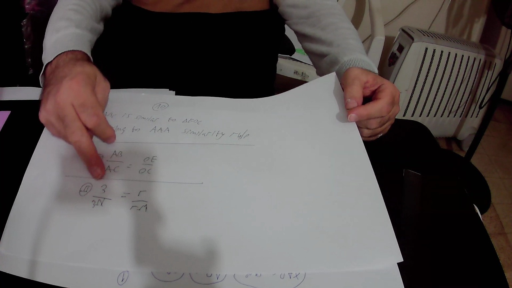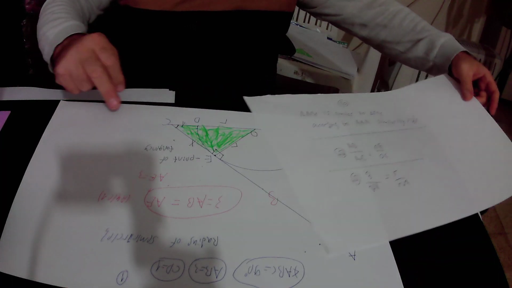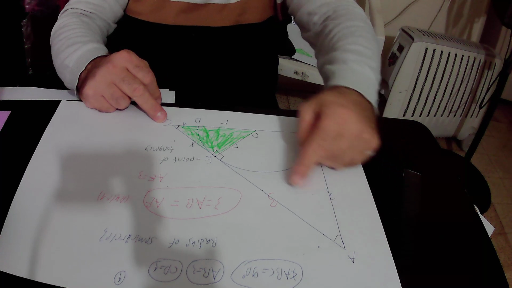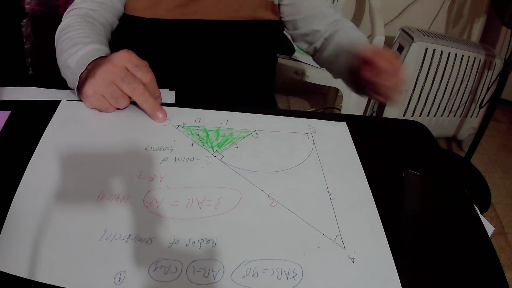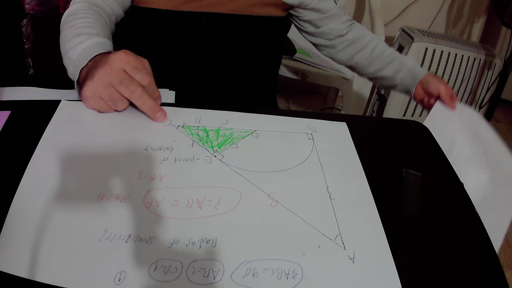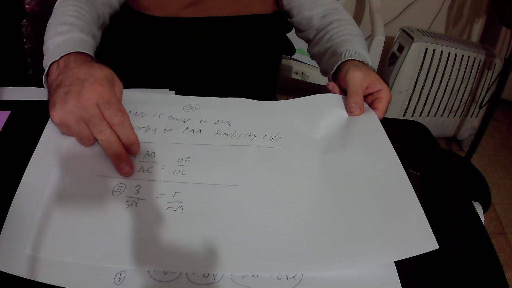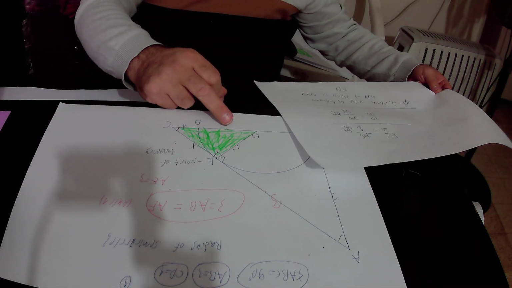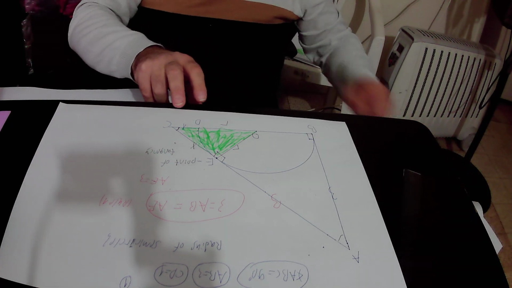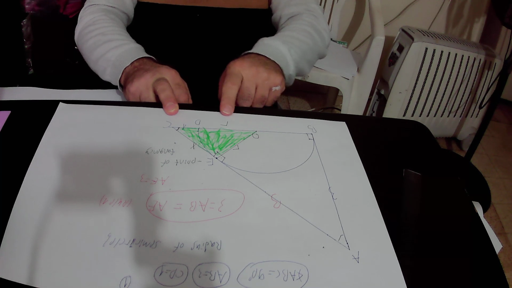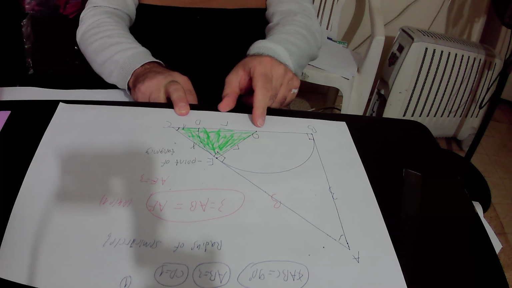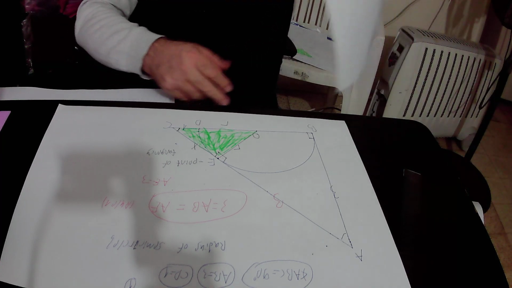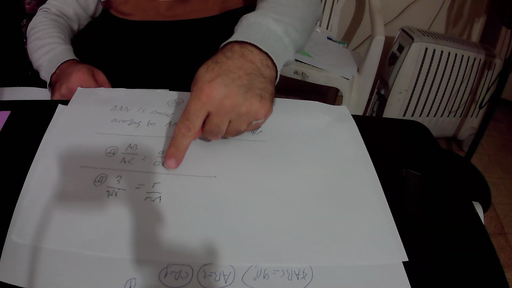We know that AB equals 3 units, AC equals 3 plus X, OE equals R, and OC, as you can see from the drawing, equals R plus 1.